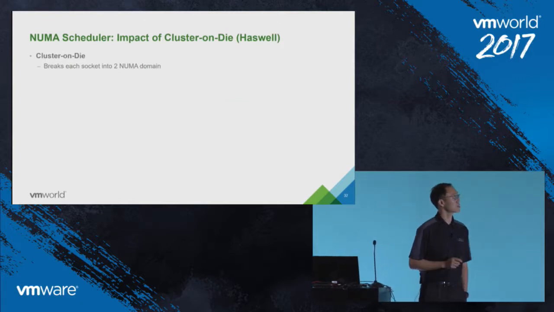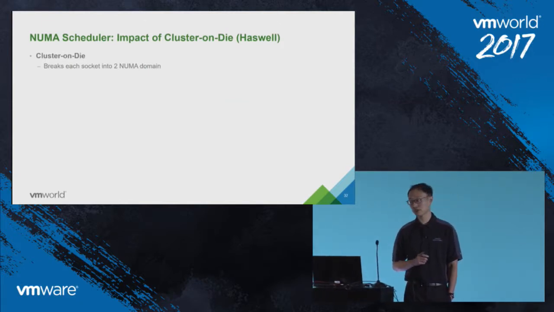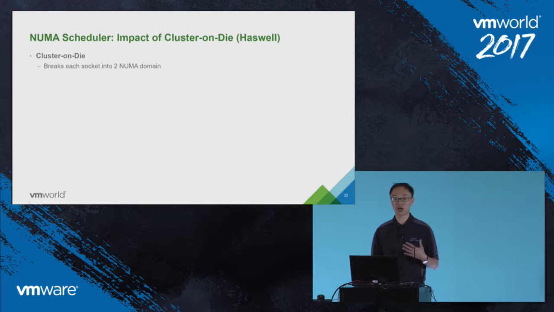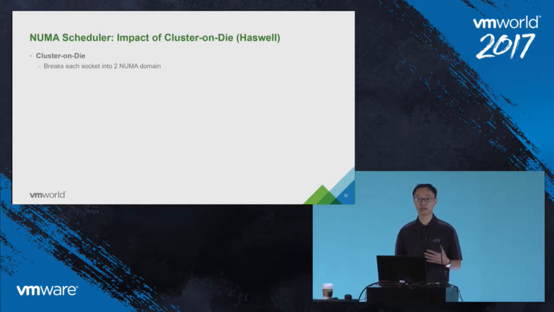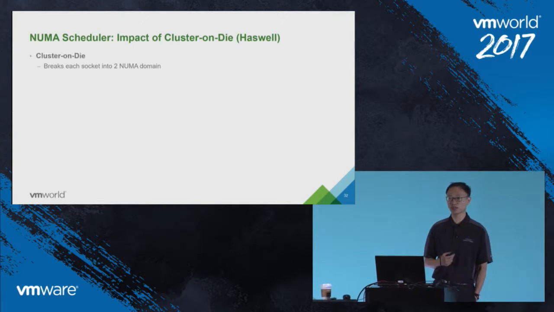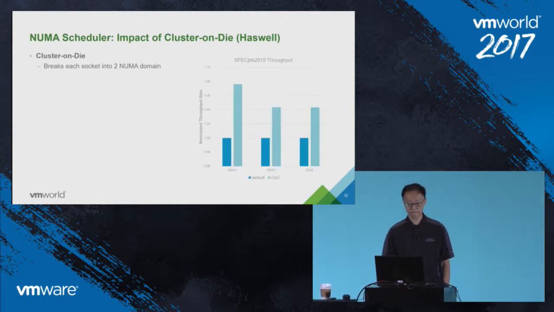Cluster-on-die. What is cluster-on-die and how does it impact NUMA scheduler? So cluster-on-die is basically breaking each socket into 2 different NUMA domains because the cores per socket is getting bigger. I think this applies to any socket with 10 or 12 or more cores.